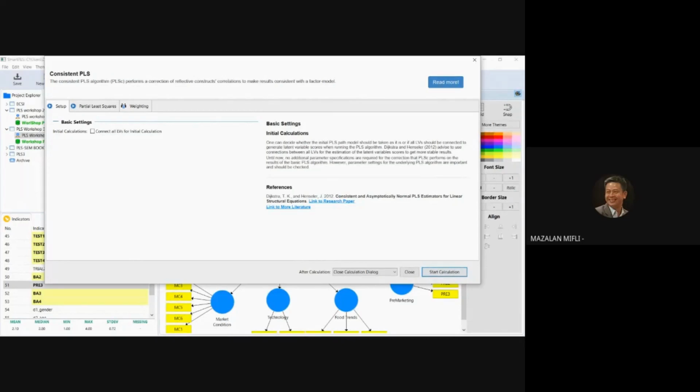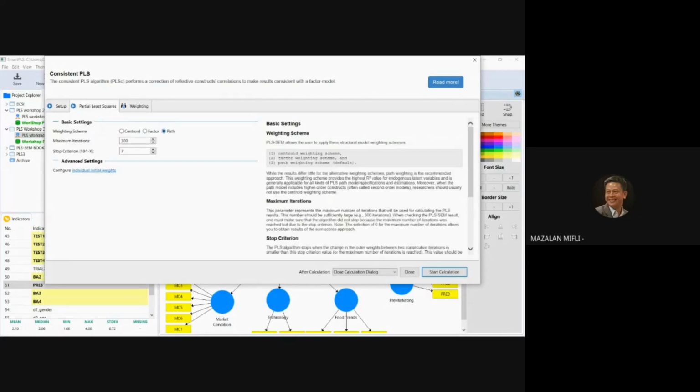First you need to run factors. You can't just go straight to the path, because the path is actually for the second step. The first step has to be factors.